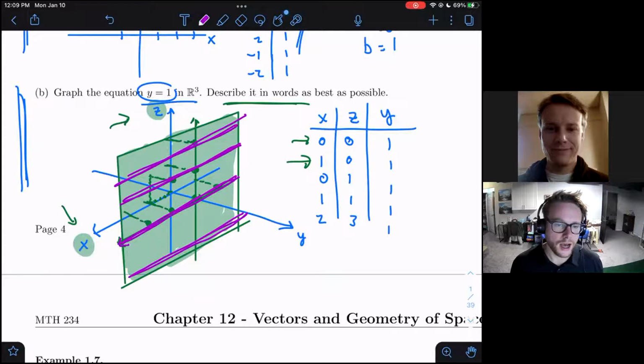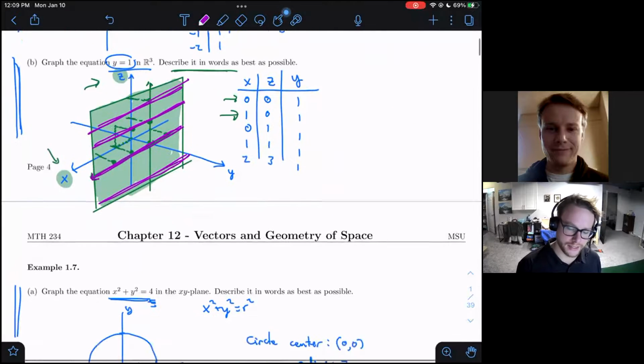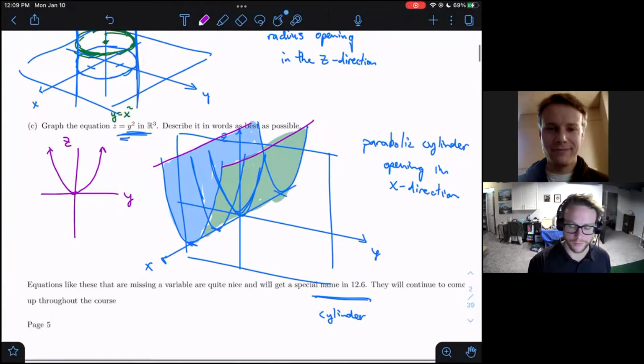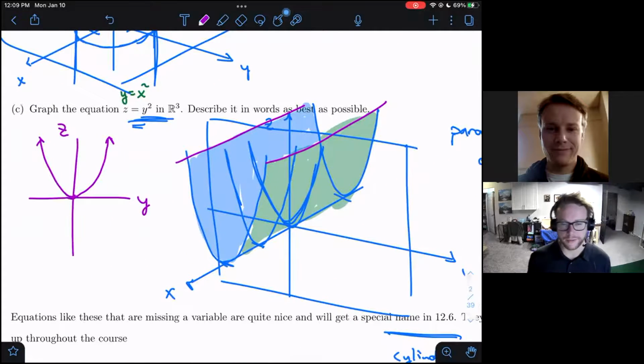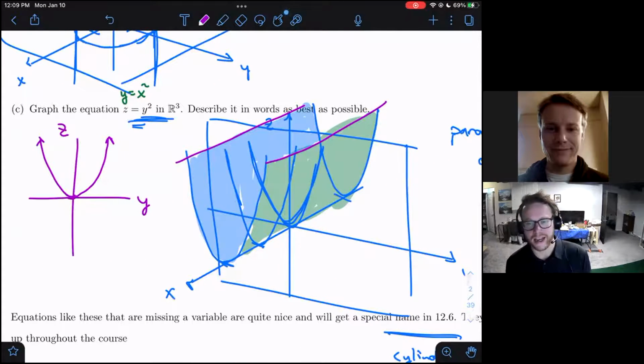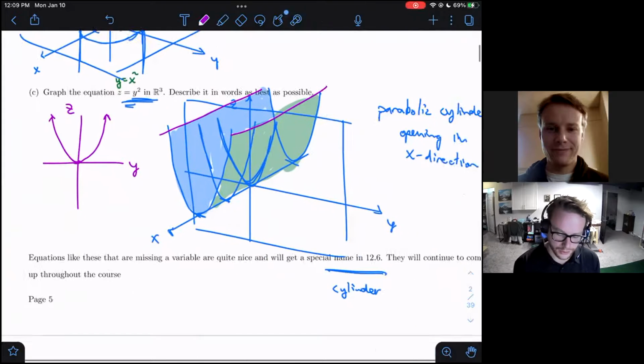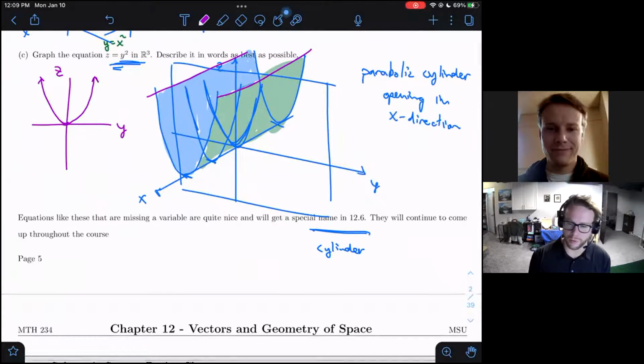All right. Let's see. I have a question also. Why is z equals y squared considered a cylinder? So yeah, basically, this is getting a little bit ahead of us because we do get into this in more detail in 12.6. But to some extent, I could just say that this is the convention. This is the name that we've given these things.